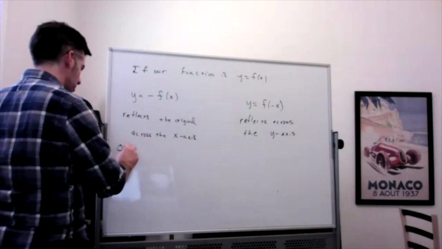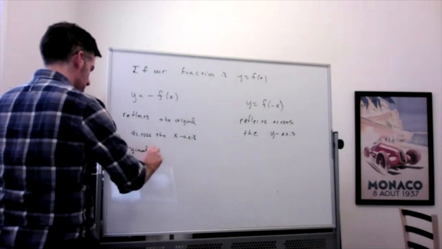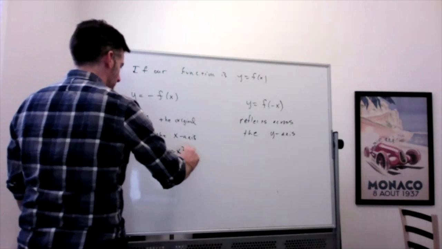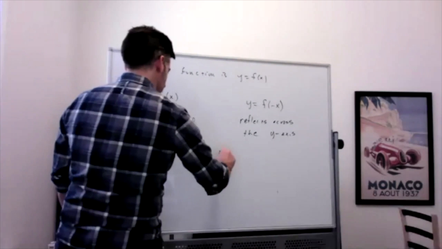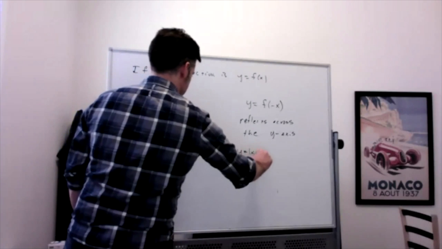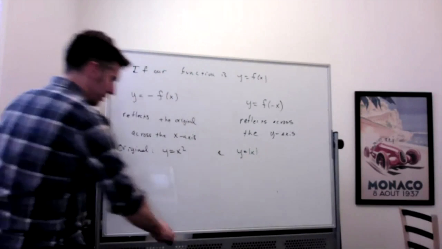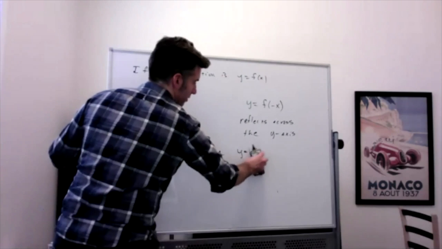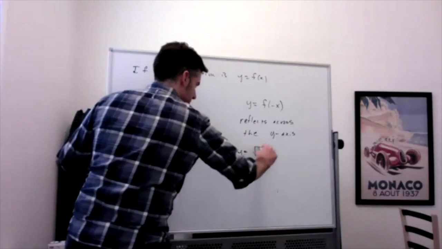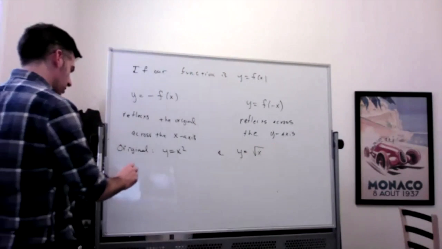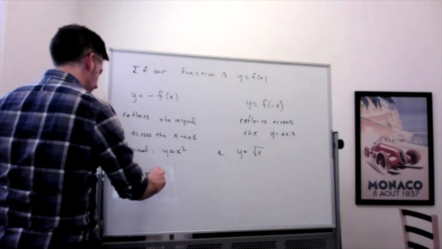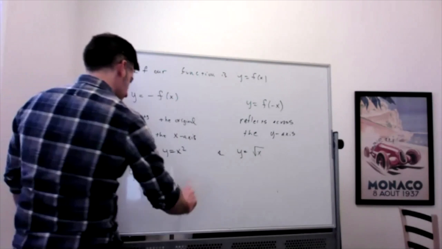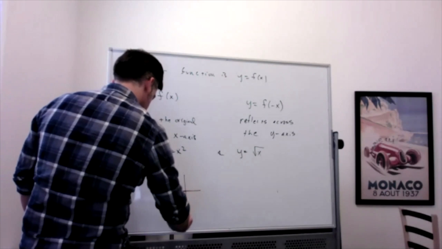And again, our examples were, the original was y equals x squared, and y equals the square root of x. Sorry, I did the square root of x, not the absolute value of x. So this function, y equal to negative x squared, looks like this, right?